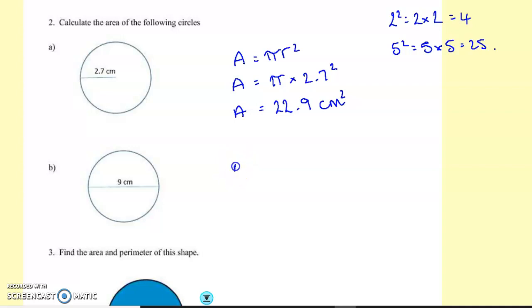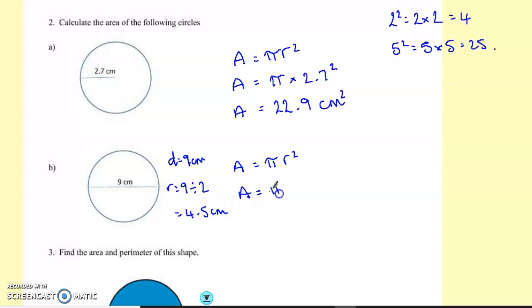Another area one then. Area of a circle is again pi r squared. This time we've been given the diameter of the circle. I want the radius. My diameter is 9, so my radius must be half of that, which is 4.5 centimetres.